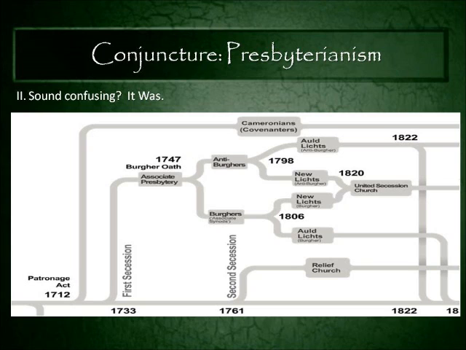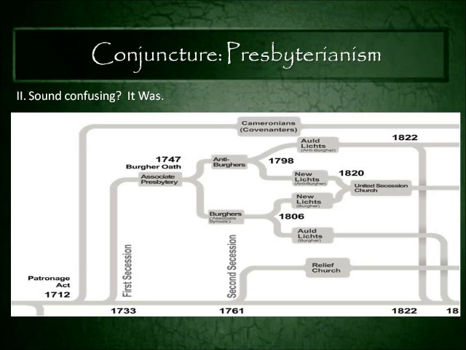And so what this means is you have the regular state church, which is represented by this bottom line all the way down here. And you have all of these other Seceder groups. And so technically you have 4 different Seceder groups. Old Light, anti-Burgher Seceders. New Light, anti-Burgher Seceders. Old Light, Burgher Seceders.